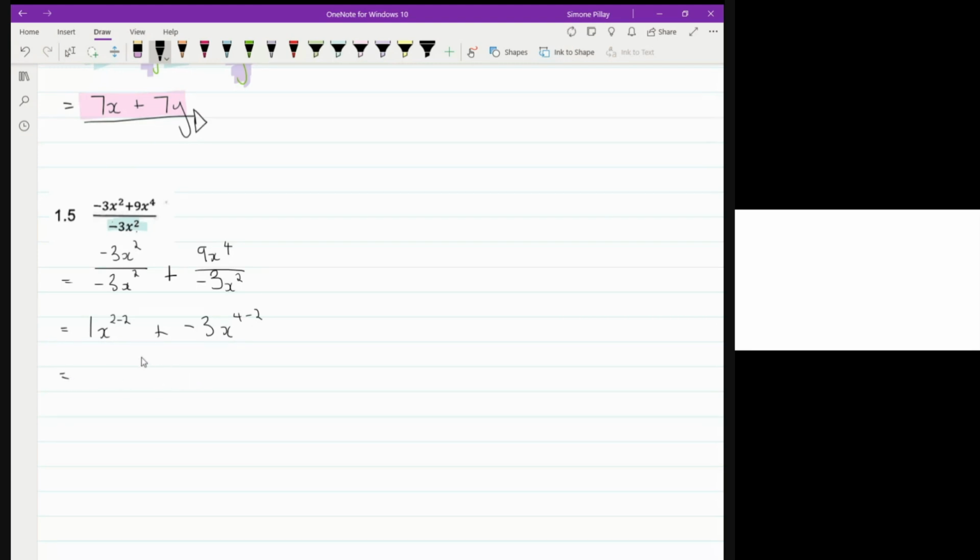So, ma'am, in our equation, 2 minus 2 is going to be 0, so we're going to be left with x to the power of 0 plus negative 3x to the power of 2. Please bracket, ma'am, the negative 3x squared.